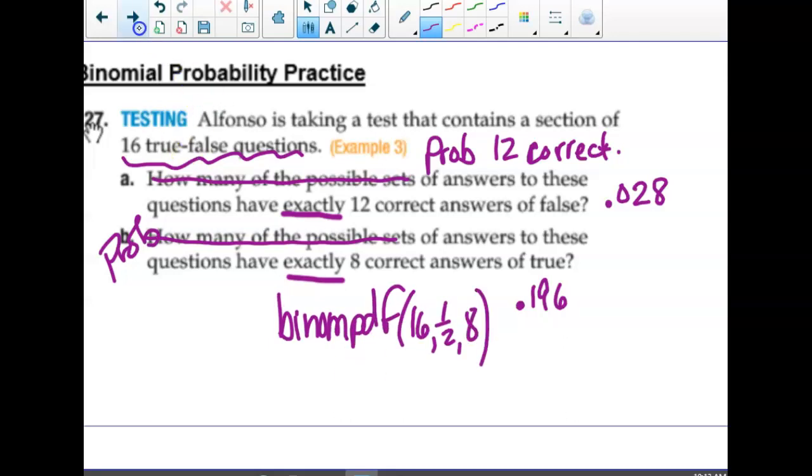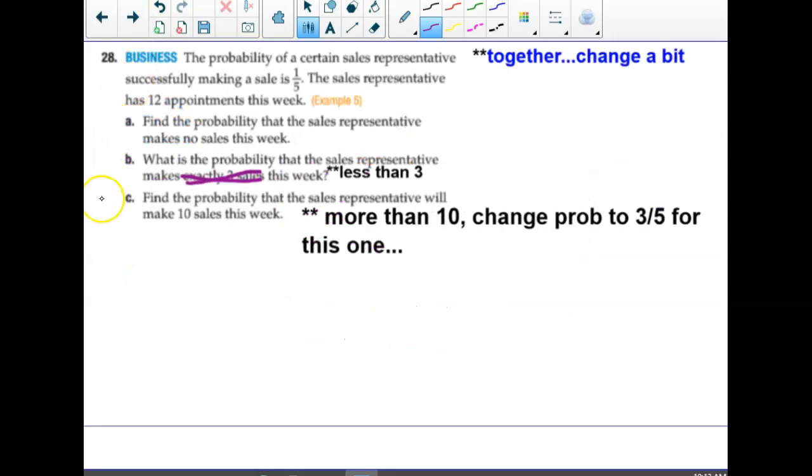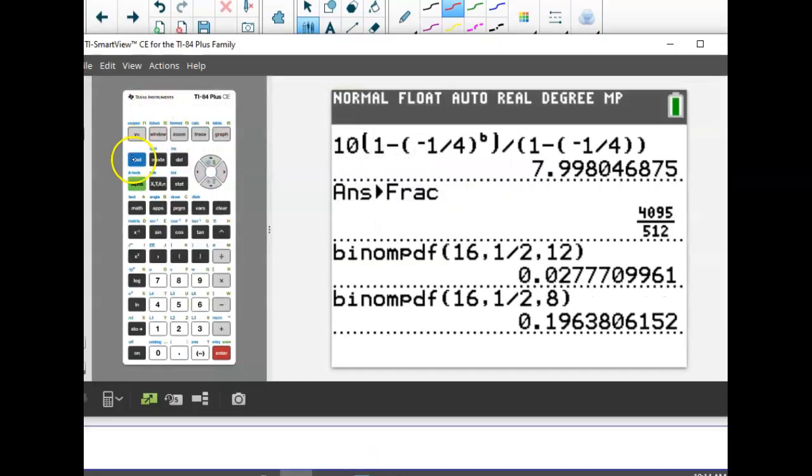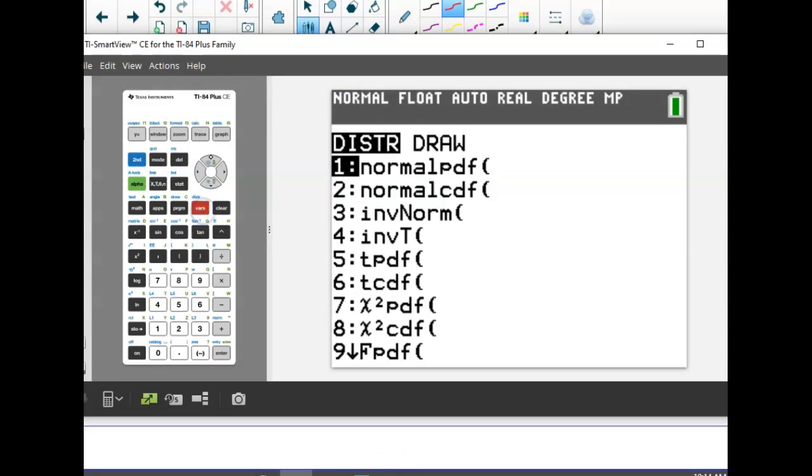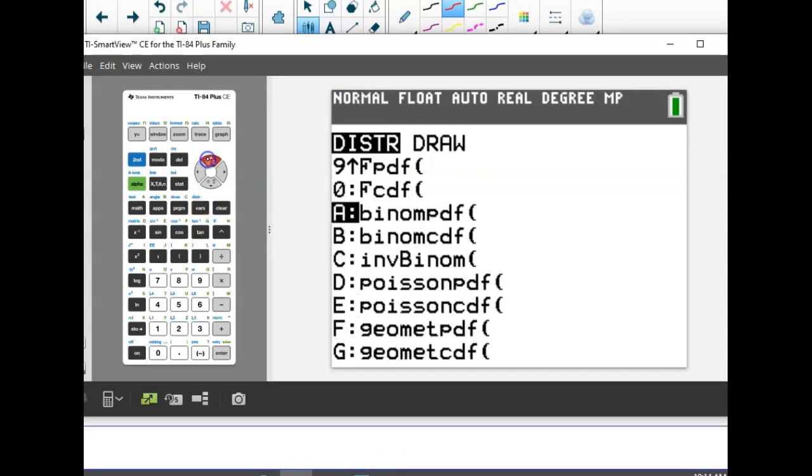All right, look at the question underneath. This is the one I really want to change so that we practice the CDF idea. The probability of certain sales reps successfully making a sale is 1 out of 5. The sales rep has 12 appointments this week. What is the probability that he makes 0 sales? So we're going to go back here to binom PDF.